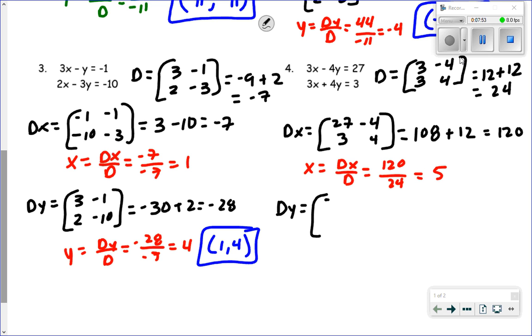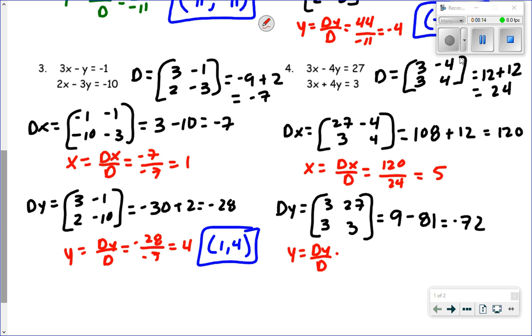So keep the x column, 3 and 3, and take out the y's, replace it with 27 and 3. 3 times 3 is 9, minus 27 times 3 is 81. 9 minus 81 is -72. Okay, and then to find y, we do dy over d. So -72 over 24. And that would be -3. So then my ordered pair is 5, -3.